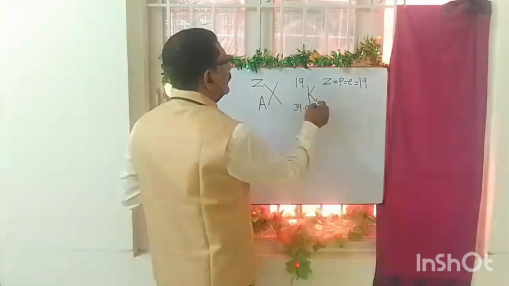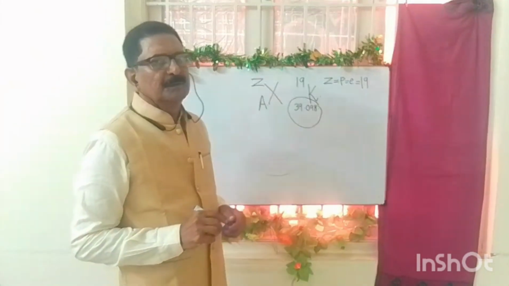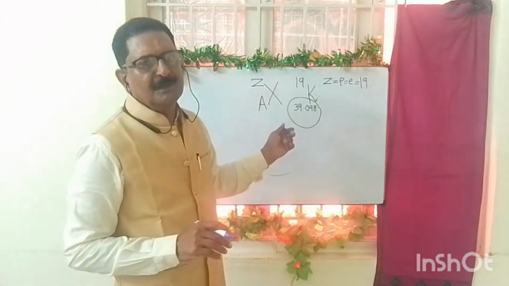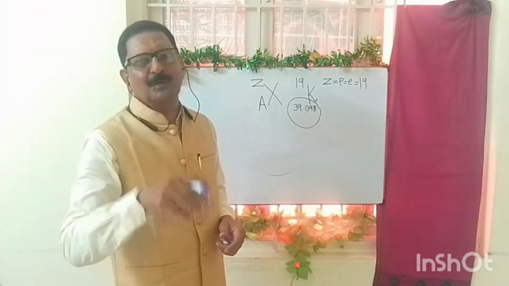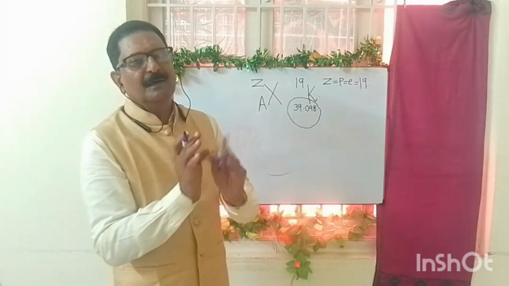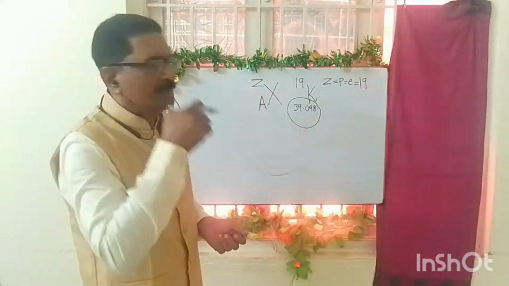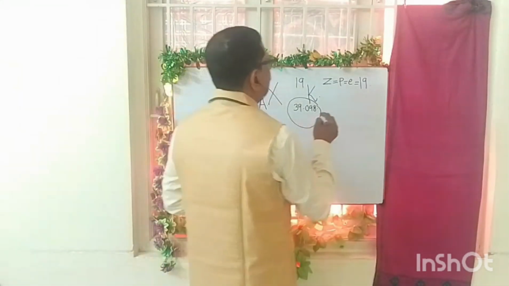Then you may have a doubt here what to do. You cannot use fractions here. There is no half electron or half proton. So you have to make it a full number. For that you have to use the mathematical principle.